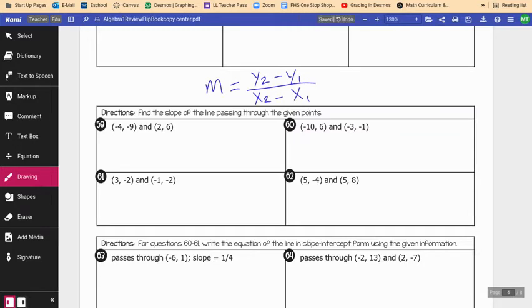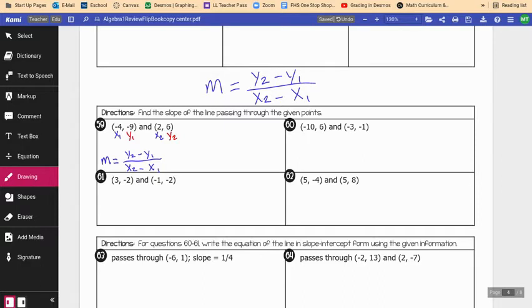Well, I'm going to label each point x1, x2, y1, y2. And so to find my slope, I have to fill in this information.